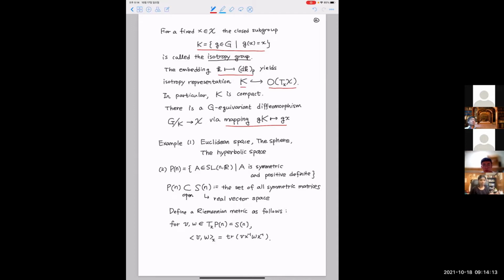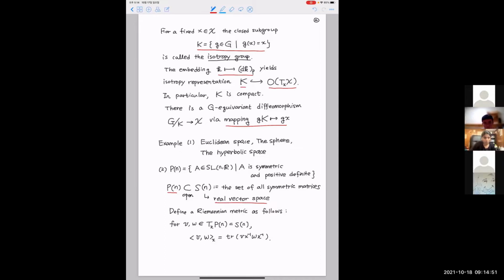So let's see why this is a symmetric space. First, you can note that P_n, the set of symmetric positive definite matrices, is inside the set of all symmetric matrices. The set of all symmetric matrices is a real vector space, which means P_n is an open subset of a real vector space. Then we can define our Riemannian metric as follows.